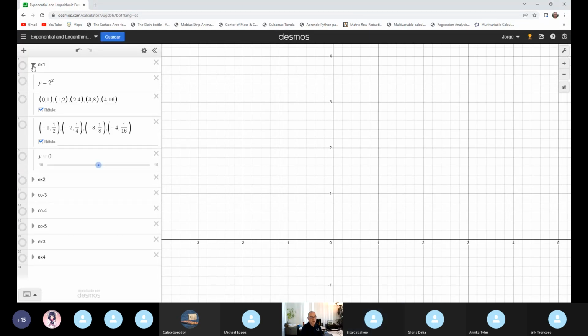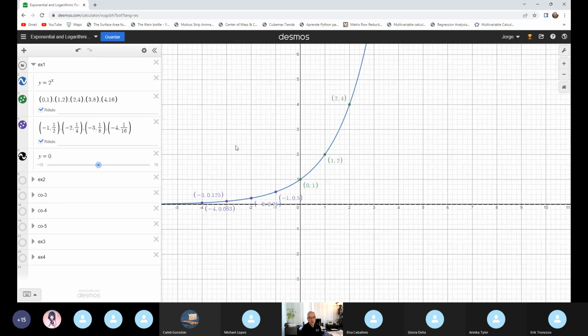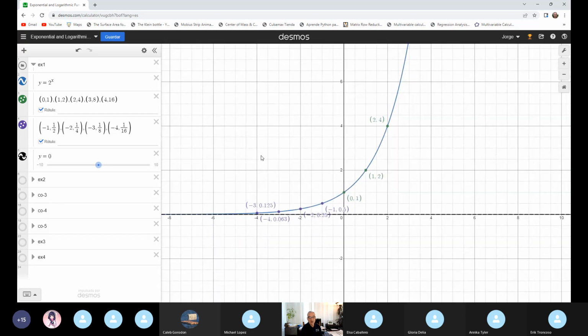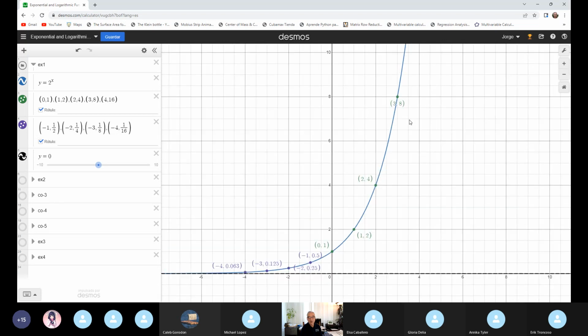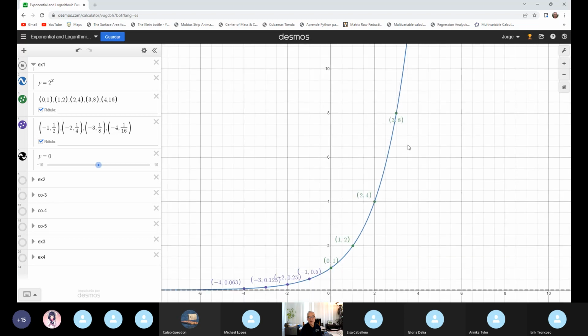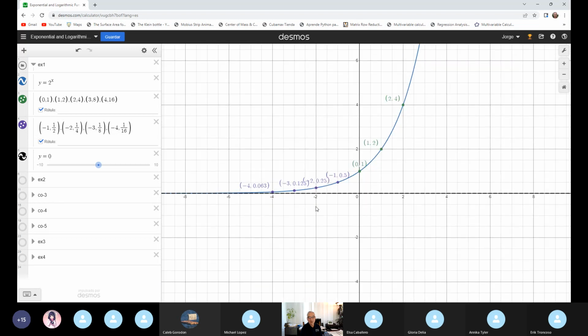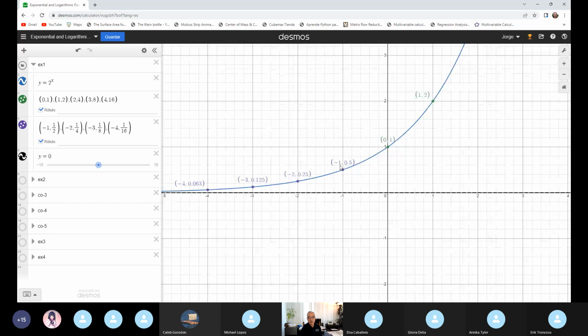Okay, so now I want to show you exponential base 2, which is exponential growth. Ooh, look at that. I plot a lot of points. I plot the universal (0,1), (1,2), (2,4), (3,8). Wow, it's enough in the positive part. And in the negative part, -1 is 1/2, and -2 is 1/4, which is 0.25, and so on.